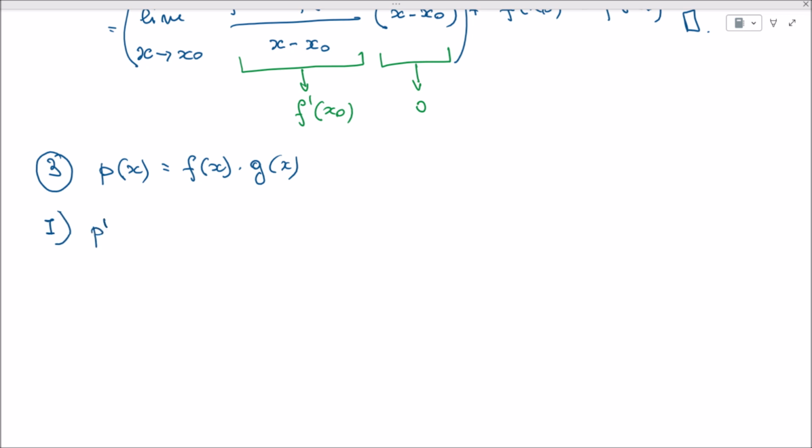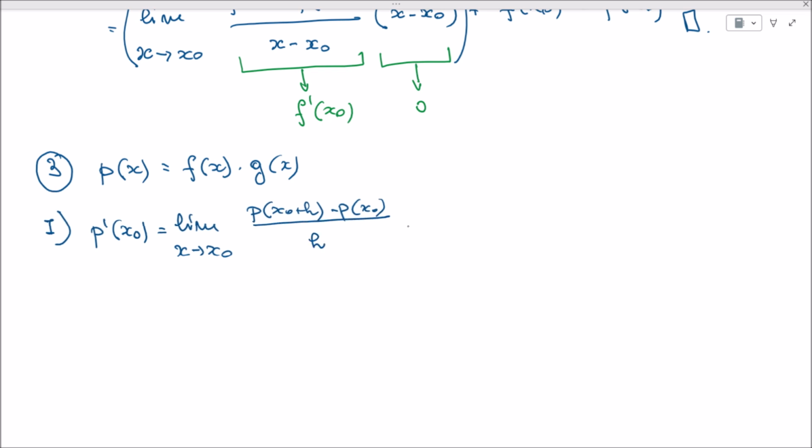So we can say that p prime in x naught is the limit as x goes to x naught of, well, p of x naught plus h minus p of x naught divided by h, right?